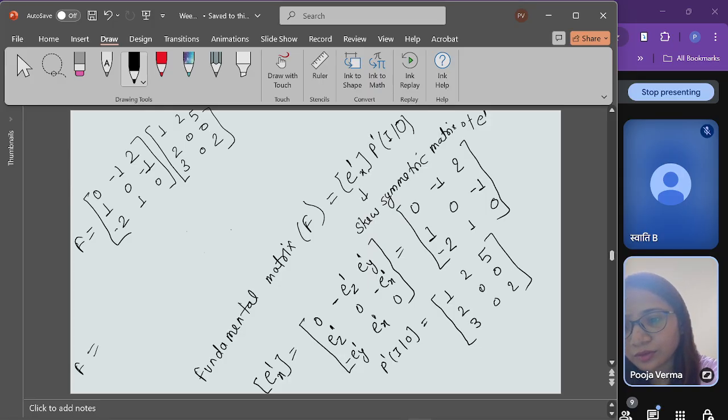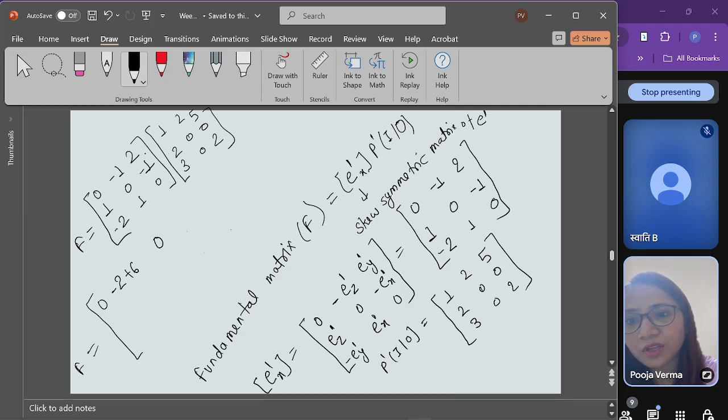Can you multiply these two matrices? What will you get? For the first one, 0 into 1, then minus 2, 2 into 1, row into column, and then plus 6. For the next one, you will get 0, because 0 into 2, 1 into 0, so you get 0 only.